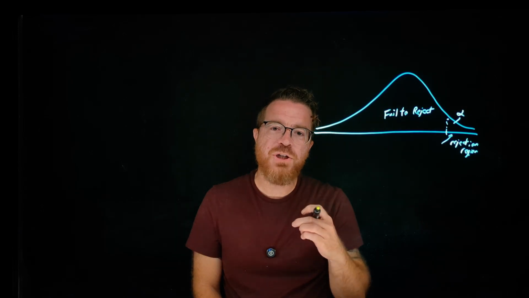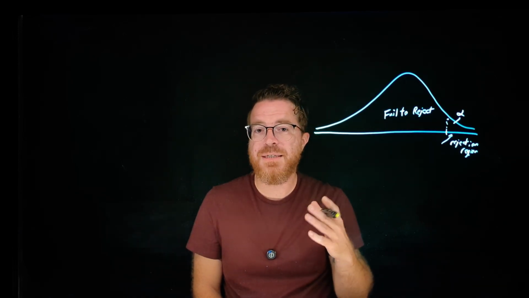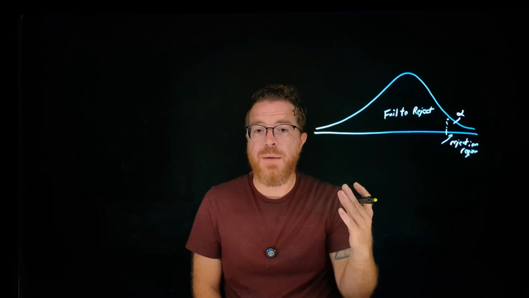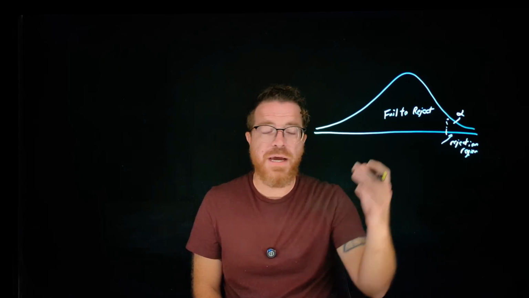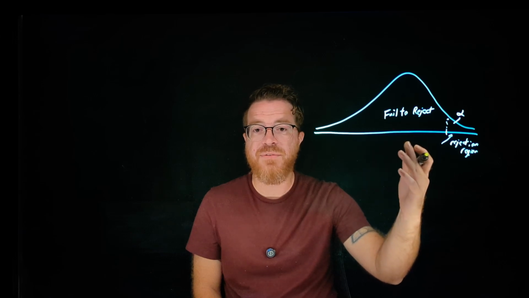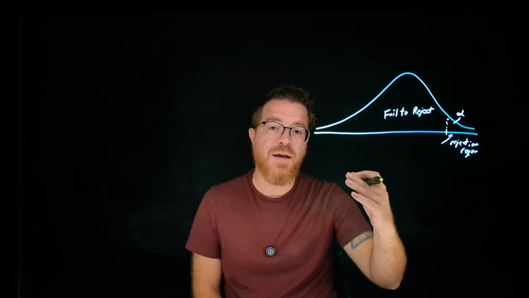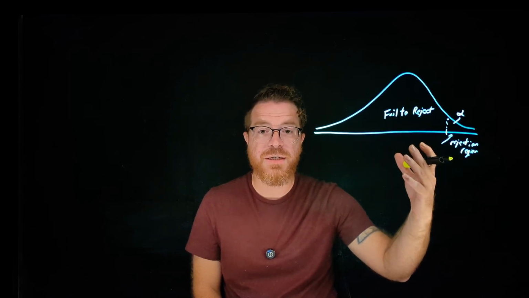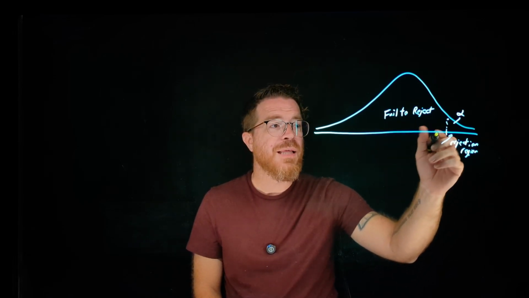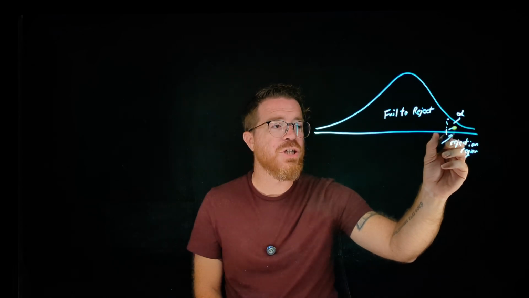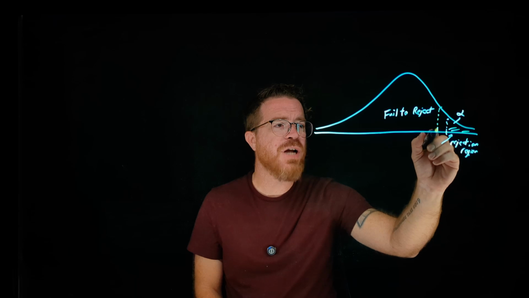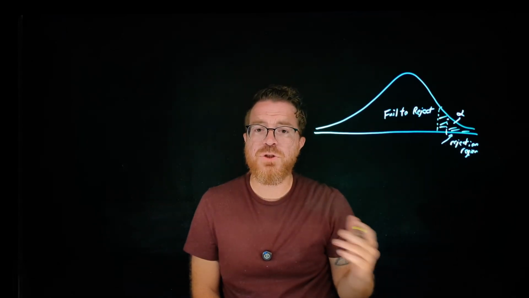And this is where I mentioned previously that there's always this possibility for error, because one, we could have a null hypothesis that's not true and we don't have enough evidence to reject it, or we could have a null hypothesis that is true and we end up getting enough evidence to reject it. Or also, because this rejection region is based on my alpha level, I could change alpha and end up with a different rejection region.